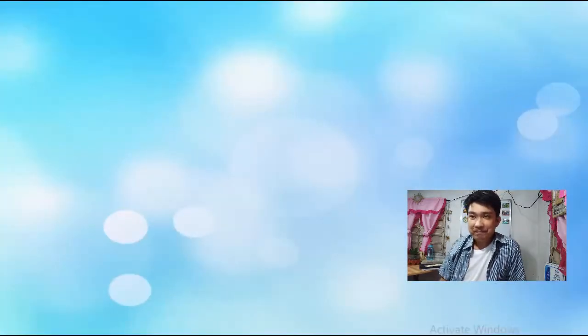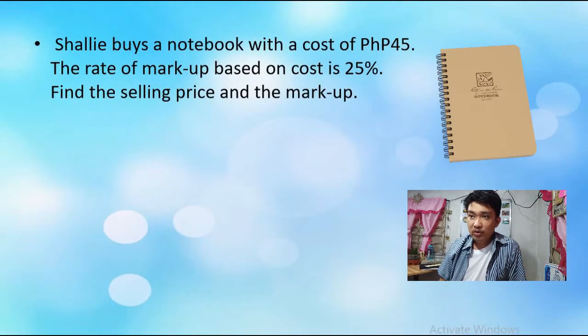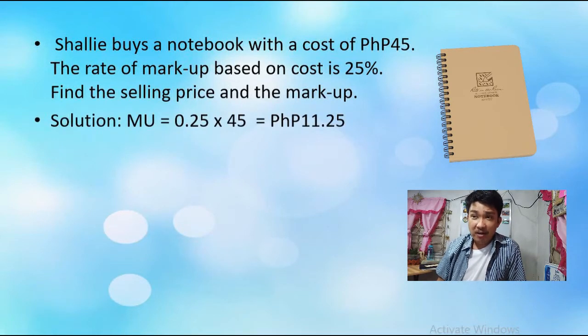Next problem. Shally buys a notebook with a cost of 45 pesos. The rate of markup based on cost is 25%. Find the selling price and the markup. Solution. Markup is equal to 0.25 or 25% multiplied by 45 pesos, which is equal to 11 pesos and 25 centavos.